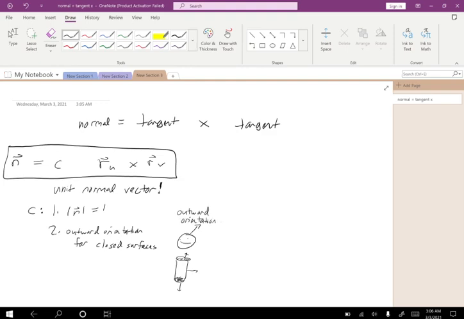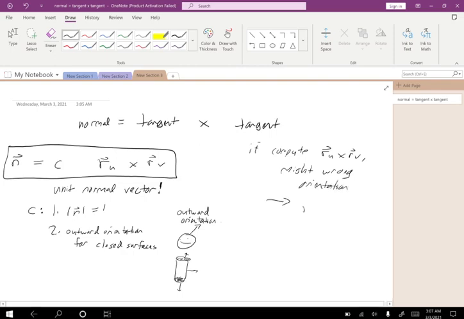The only reason I'm mentioning this is because if you compute RU cross RV, it might have the wrong orientation. So now just add a negative sign if that happens, and that'll be encapsulated in that C that's in front. So in other words, our normal vector will be plus or minus our cross product divided by its length.